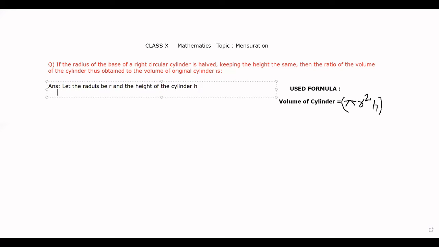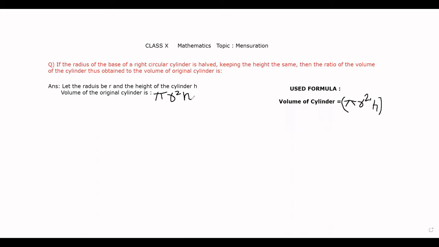So according to the formula, what is the volume of the cylinder? The volume of the original cylinder, meaning the cylinder with radius r and height h, is pi r square h.